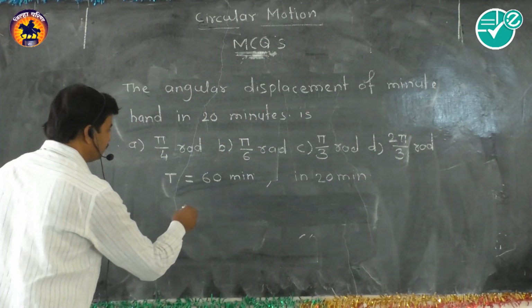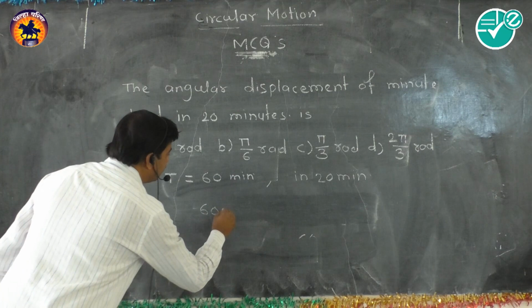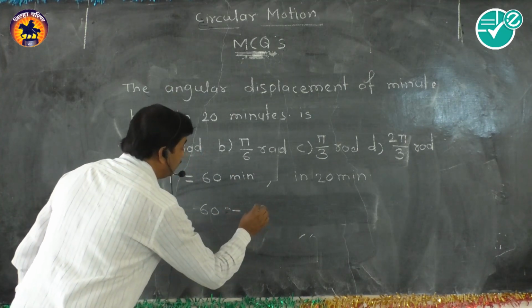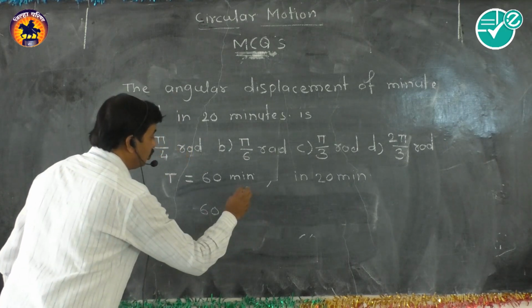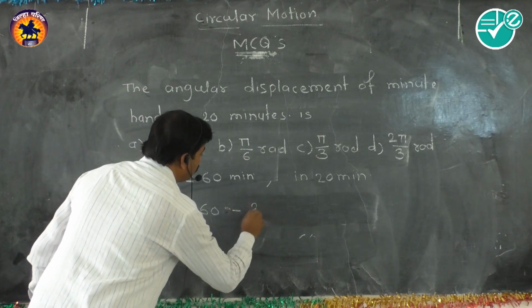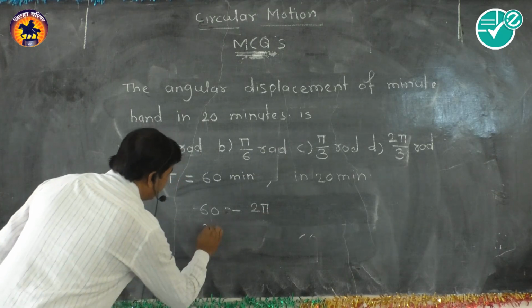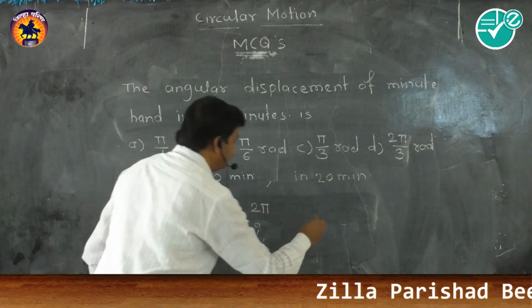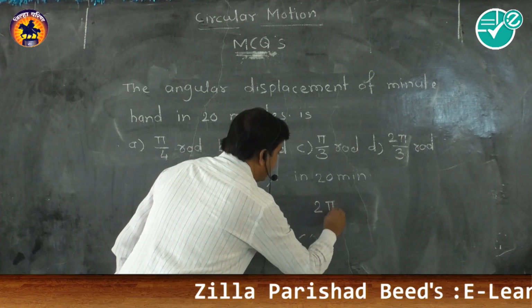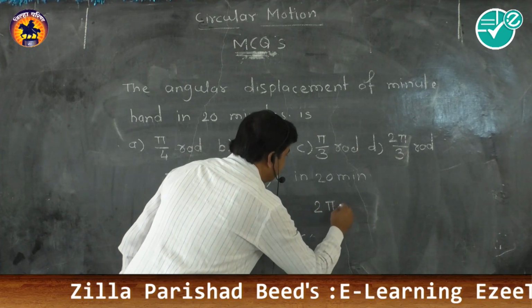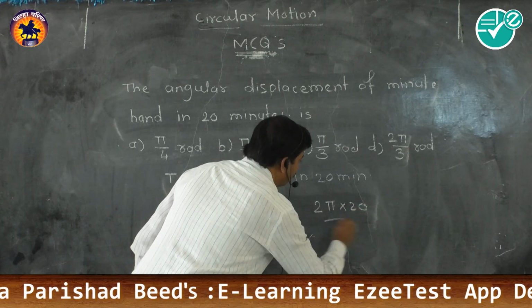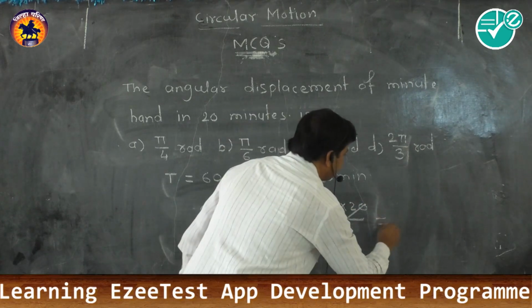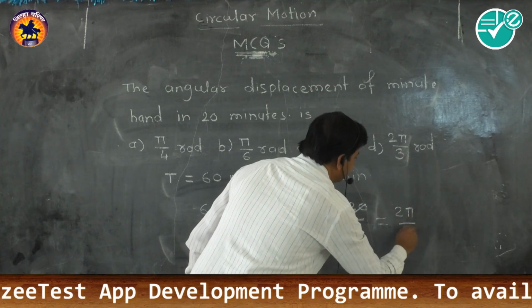In 60 minutes the angular displacement is 1 revolution, that is 2 pi. So in 20 minutes, it will be 2 pi into 20 upon 60, that is 2 pi by 3.